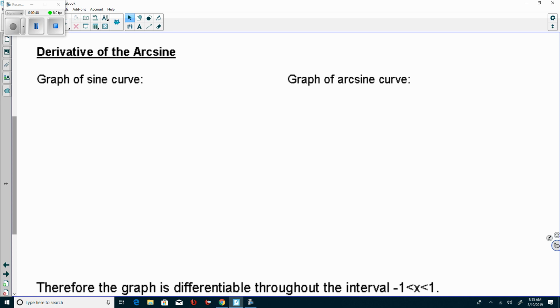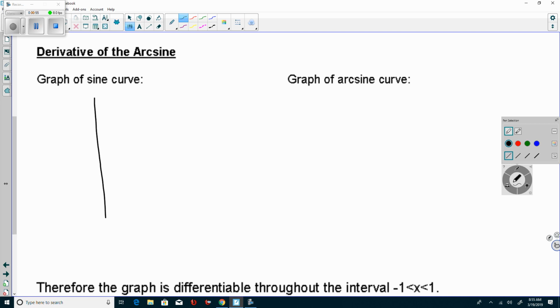basic sine curve. Let me go again with this marker. So your sine curve looks like that. That's your basic sine curve. Okay.